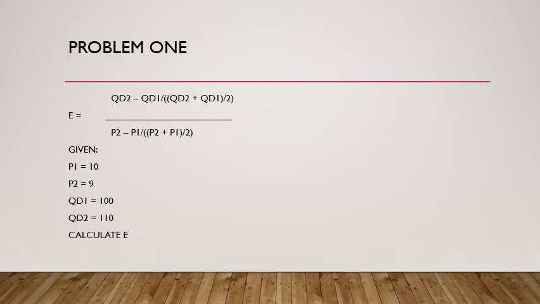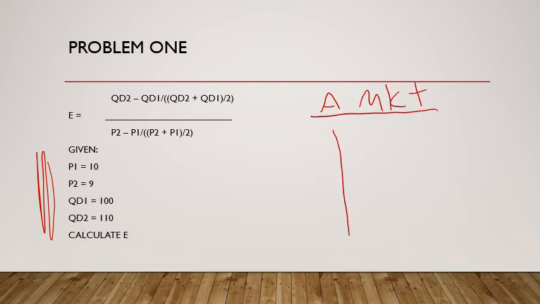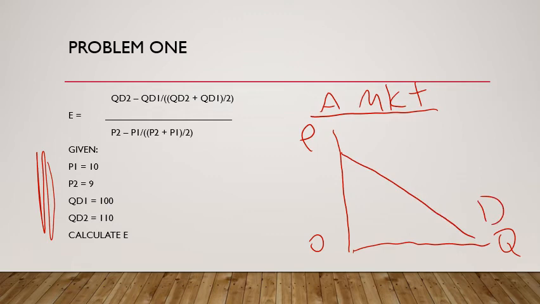Problem 1, that's a numerical problem, all right? Here you have the given. Let me take the given and connect it with the diagram, which I'm about to draw here. A market, price, QD, demand curve.